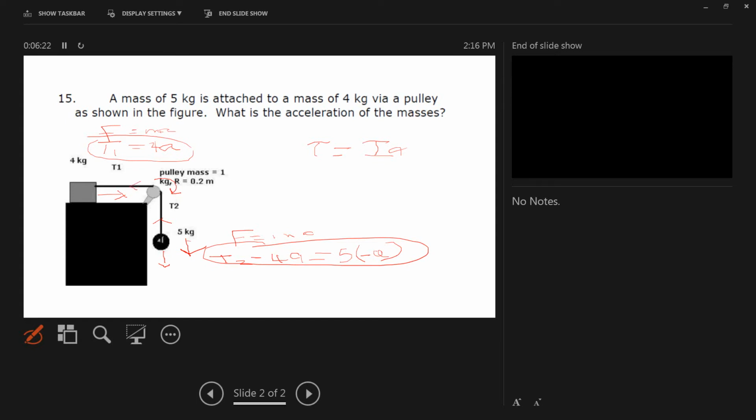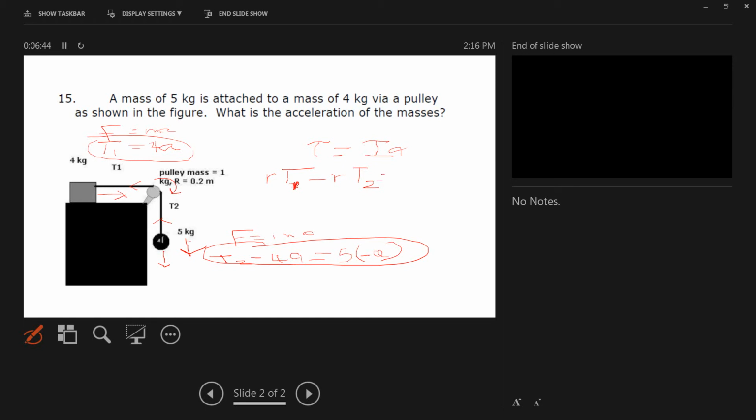T1 is pulling left, so T1 wants to rotate that pulley counterclockwise, and T2 wants to rotate that pulley clockwise. That's why it's negative.